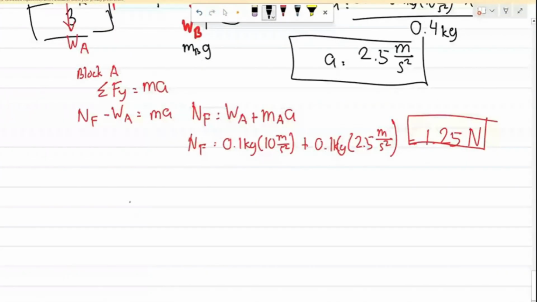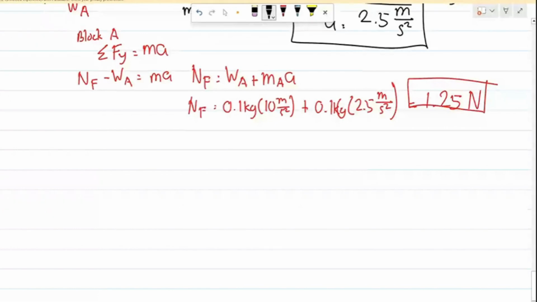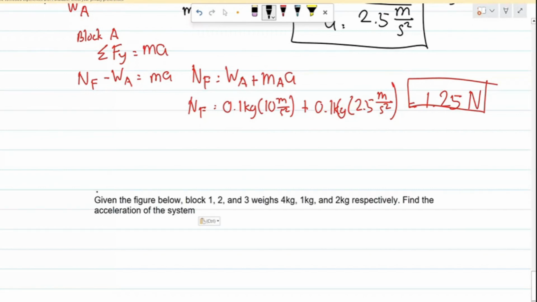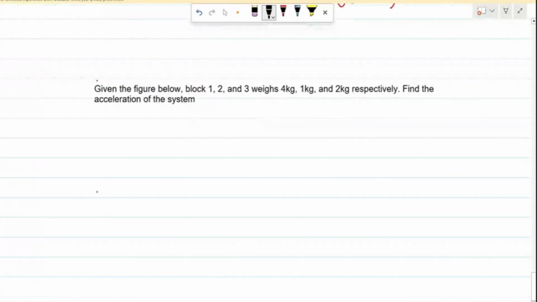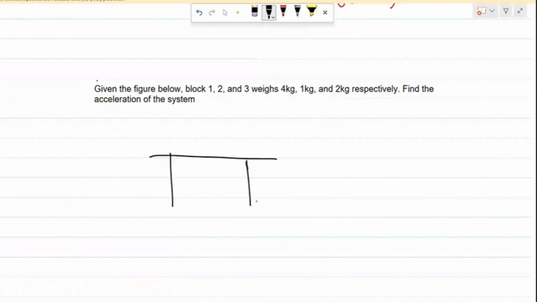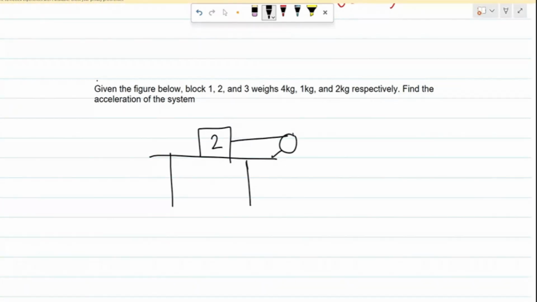What is problem number 7? Problem number 7: given the figure below, I will just draw it. Sir, we have a big table. We have an object here, this is our block 2, connected by a string going to a frictionless pulley, with block 3.